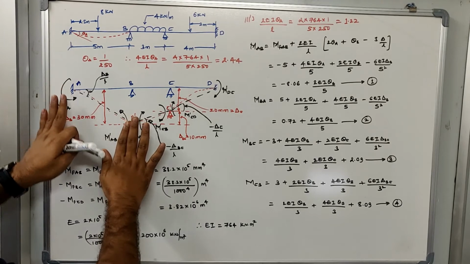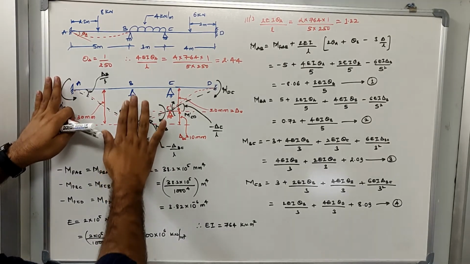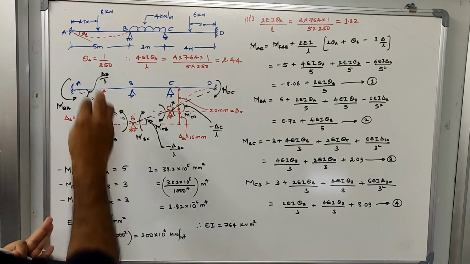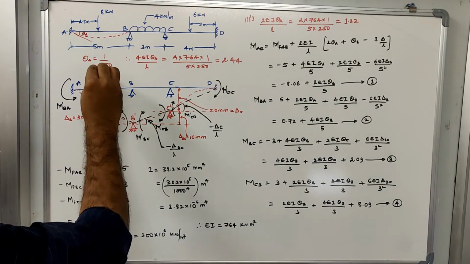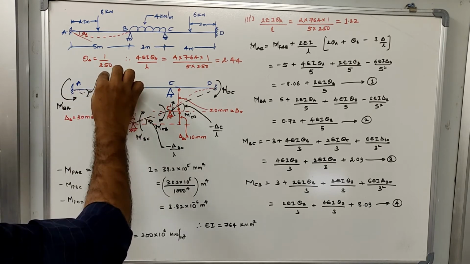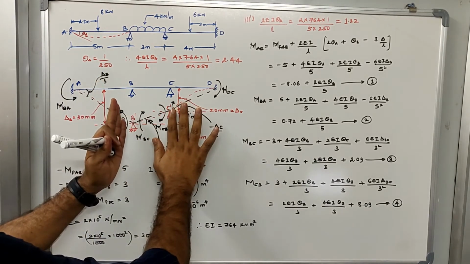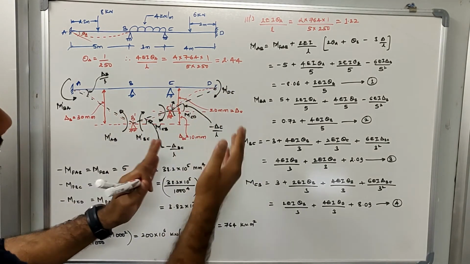But in case of member AB, near end is at higher elevation and far end is at lower elevation. You remember this. Based on this, we try to formulate the value of slope, the slope of these lines. So member AB will be delta B by L, member BC and CD will be minus delta by L.